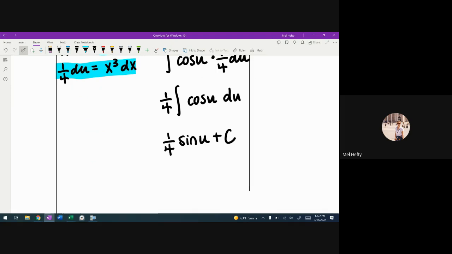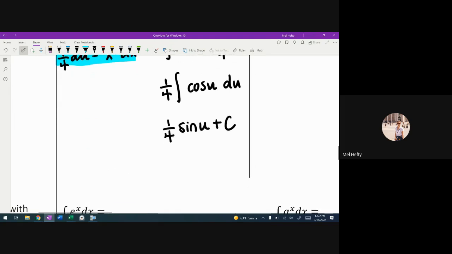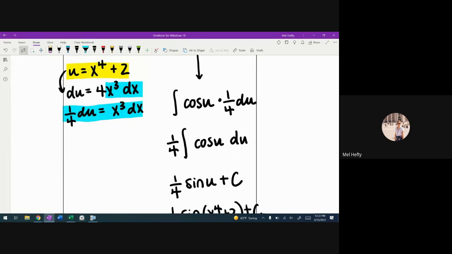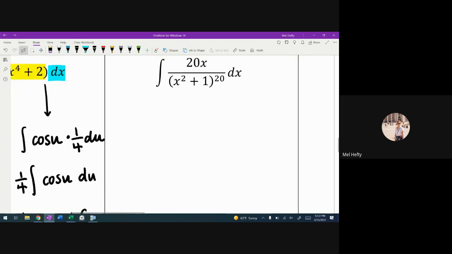It's a little difficult. This good, this done? No, I've got to plug you back in again. So x to the fourth plus 2. Now, you may be noticing that having the u equals and the du written down at the beginning is really helpful and necessary for us to figure out where we're plugging things back in and what we're doing. All right, let's try this last one.